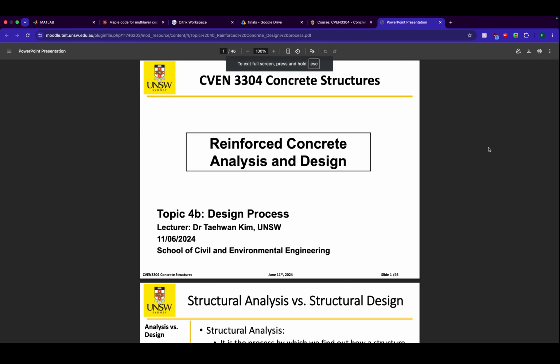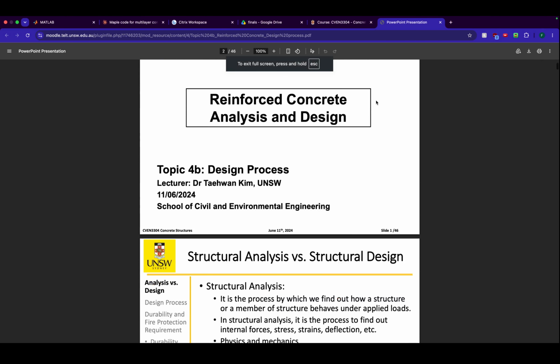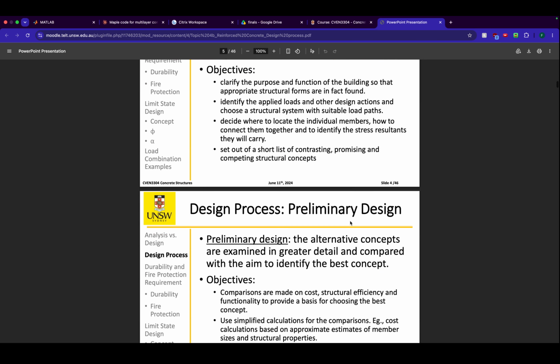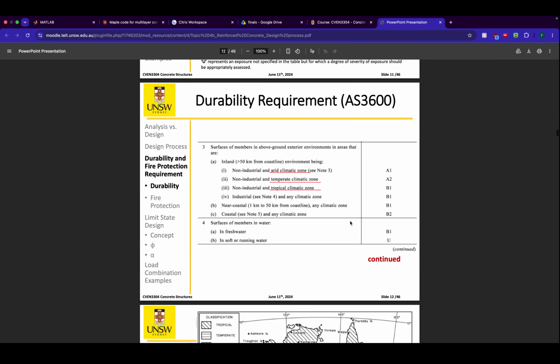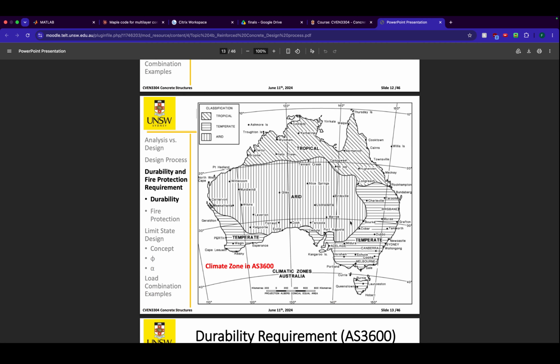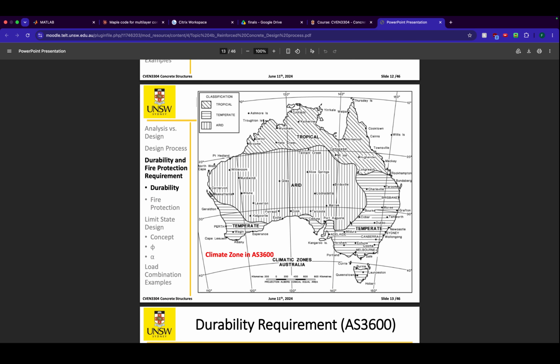Next part to cover, I'm literally just gonna look at the slides here and explain it because I don't have notes on it. The design process has a couple of things: durability and fire protection. You've got to account for durability depending on where you are in Australia.